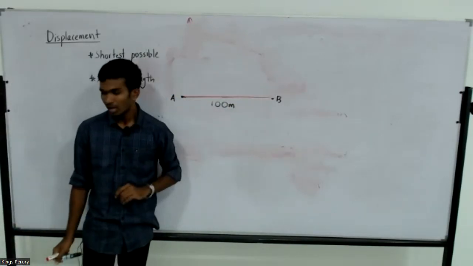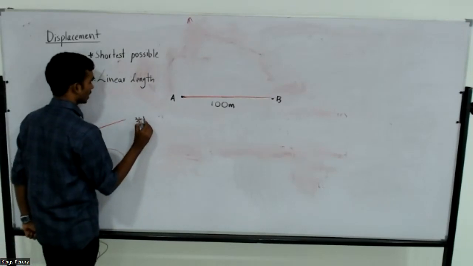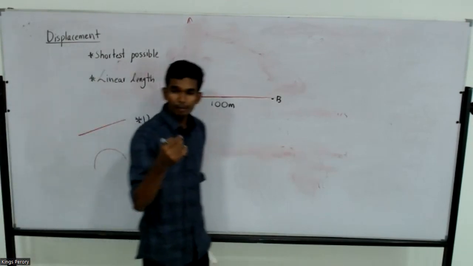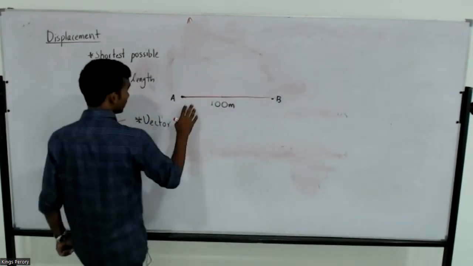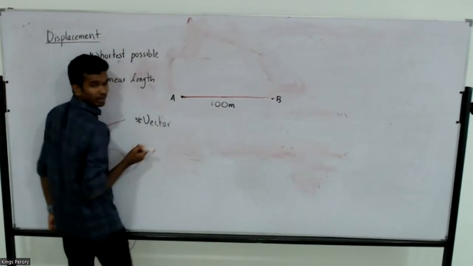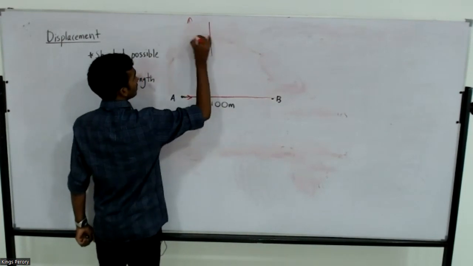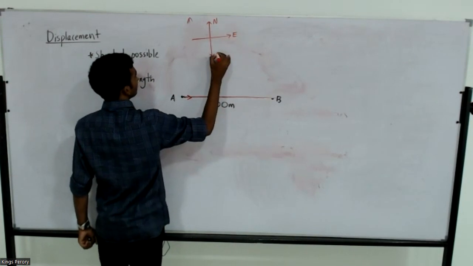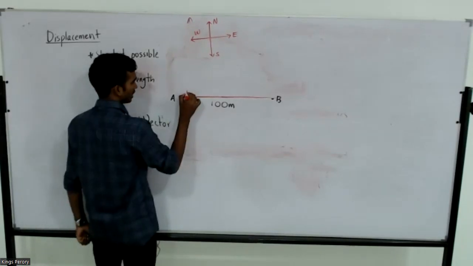Then what is the displacement between A to B? 100 meters. But remember, displacement is a vector quantity. Vector quantity means it has a magnitude as well as a direction. If I tell the direction of this displacement, he started from A. I'll draw the direction scale here: north, east, south, west. He started walking towards which direction? East direction.